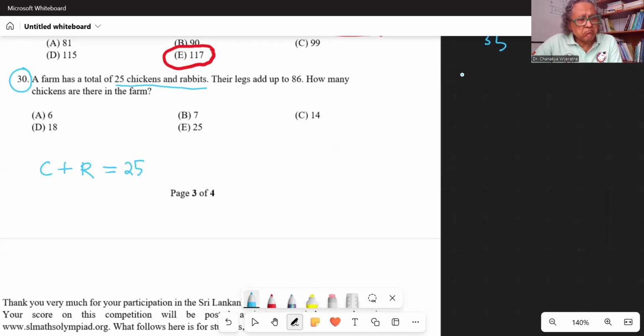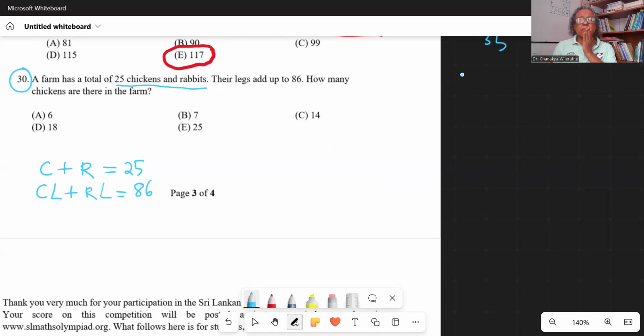And what about legs? So CL, chicken legs, and rabbit legs are L. So this is 86.